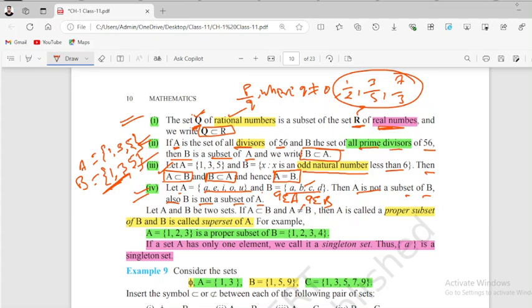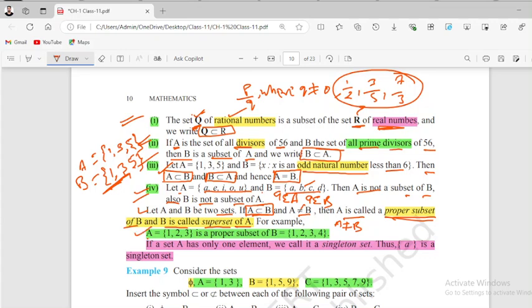Now let A and B be two sets. If A is a subset of B and A is not equal to B, then A is called a proper subset of B and B is called a superset of A. Let us understand with the help of an example.